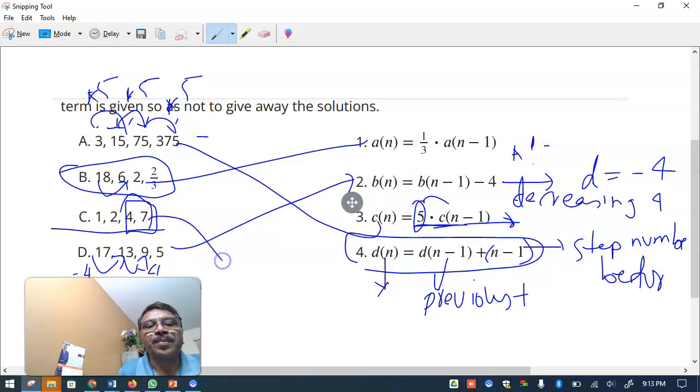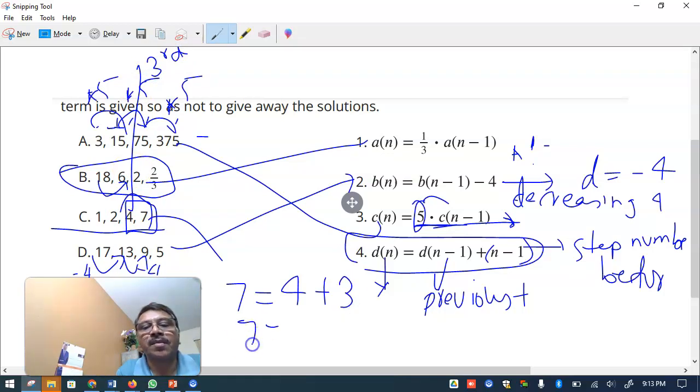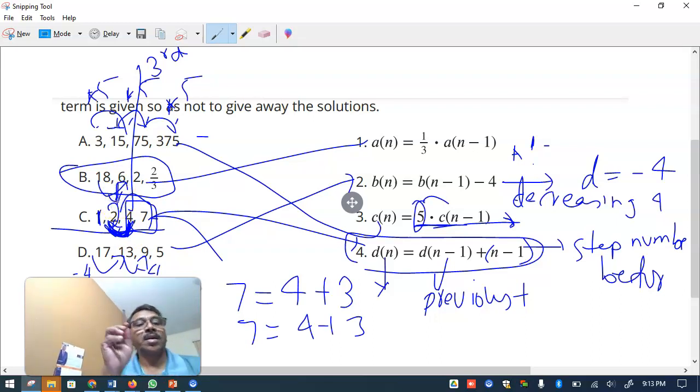This 7 is nothing but the previous term 4 plus 3, and the 4 is in the third position. So n minus 1 is 3, the third position, and 7 equals 4 plus 3. And this is how you can get it. And you can see this 2 is 1 plus 1. How do you go from 2 to 4? It is the 2 plus the second position number, which is 2. So hope that helps.